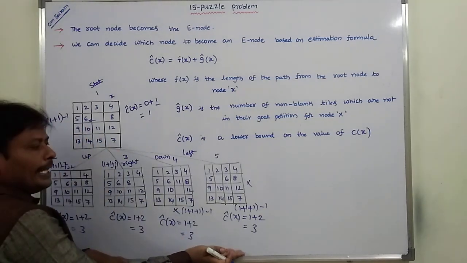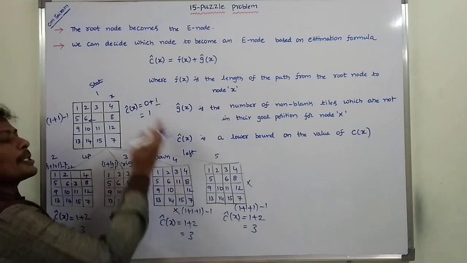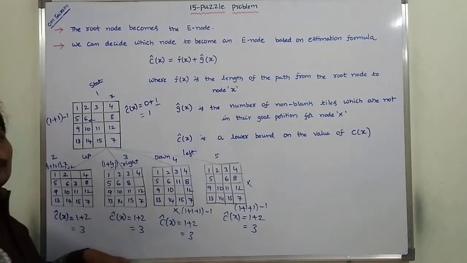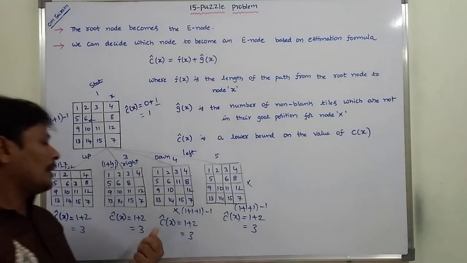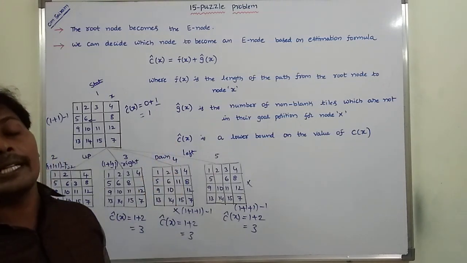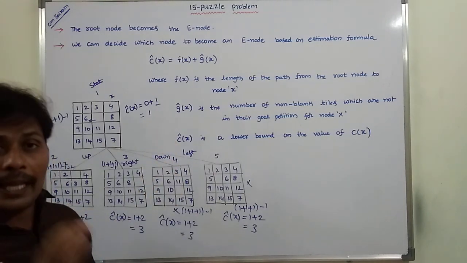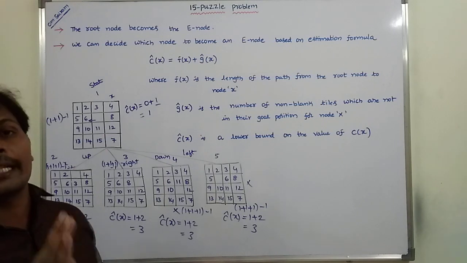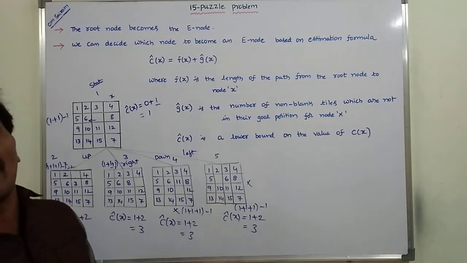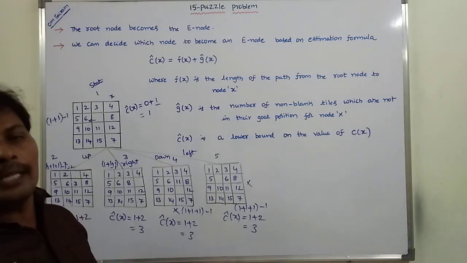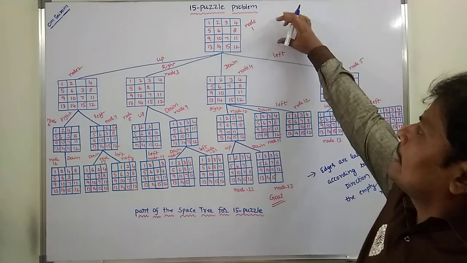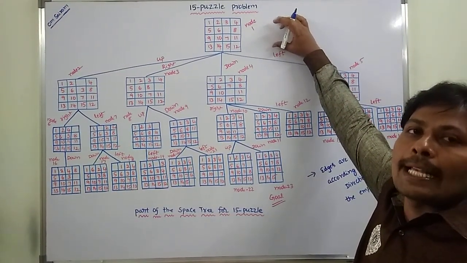Level 3 minus level 1, that is 3 minus 1, so f of x is equal to 2. g of x can be calculated as how many tiles are not in the correct position when we compare with the goal position. Now this is the initial assignment.